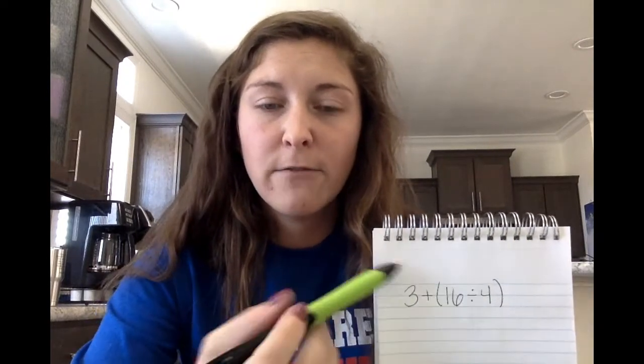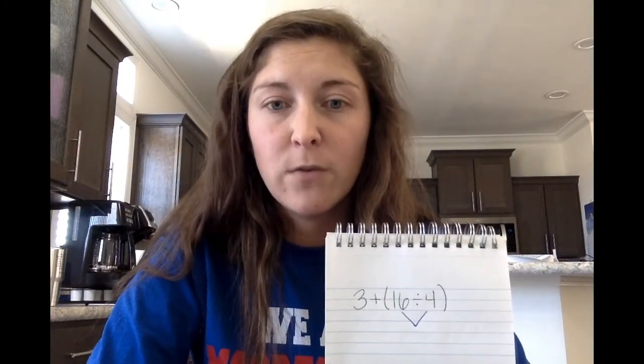So the first one that we are going to look at looks like this. I have 3 plus parentheses 16 divided by 4. In this problem, what am I going to have to solve first? If you said parentheses, then you are correct. I have to solve 16 divided by 4 first, and I know that 16 divided by 4 is 4.